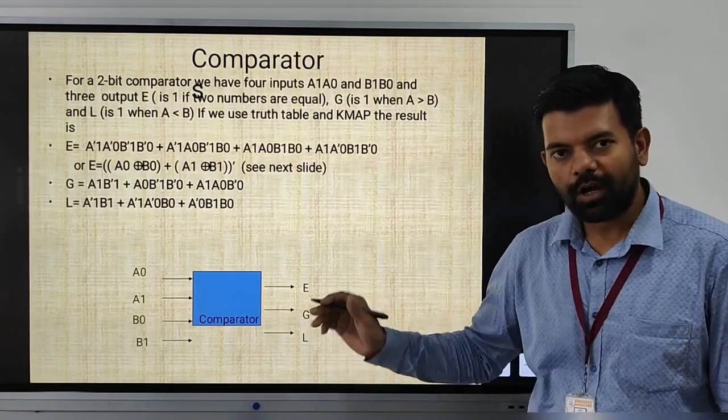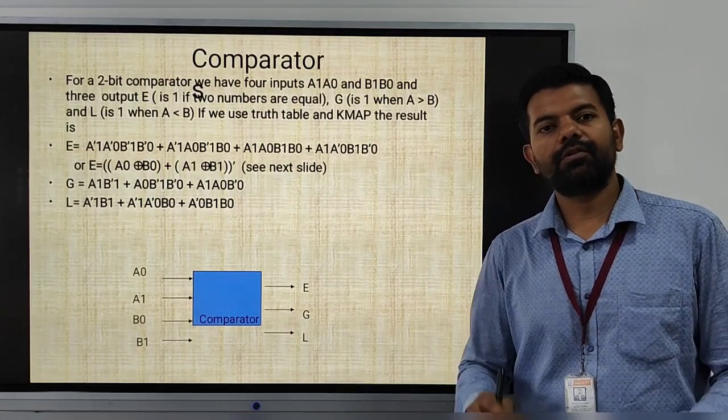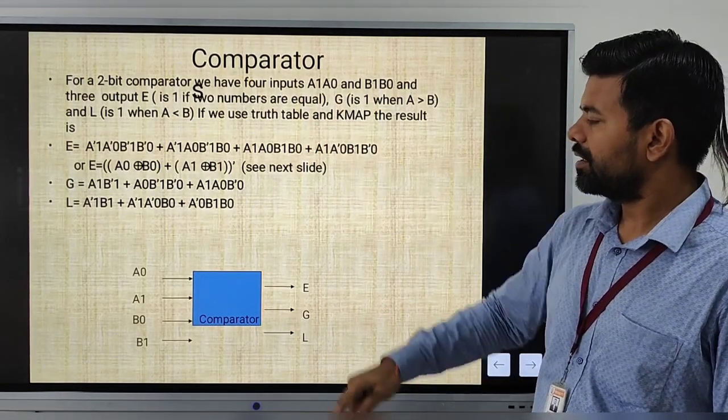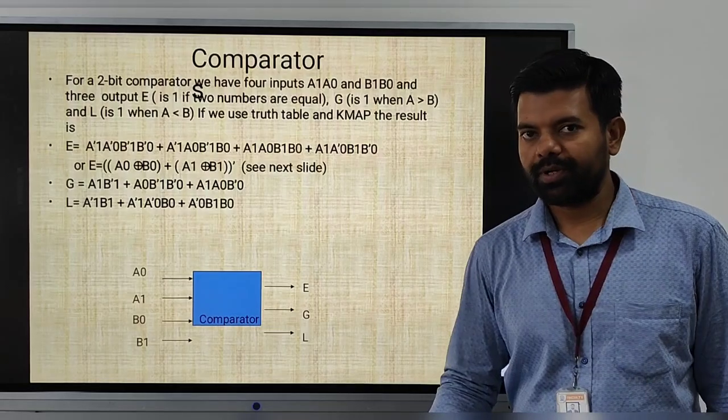Now when we have to design a comparator, we require two input bits and three output bits.